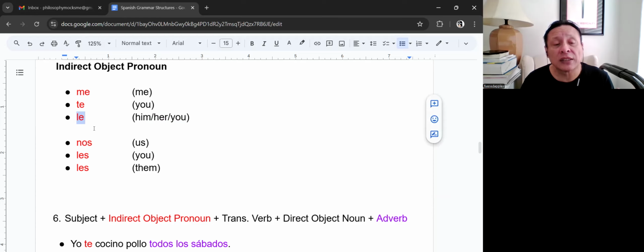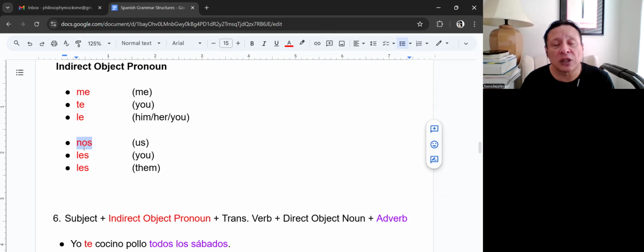It's just one, right? So when you think of the indirect, think of the E. The E is the prominent letter in the indirect objects. Me, te, le. Notice it's different, but the other one's les and les. So the E makes it different. Okay. For corresponding to us, right? Corresponding to us is nos. And that's easy because nosotros is we.